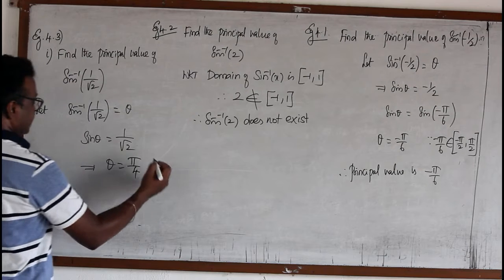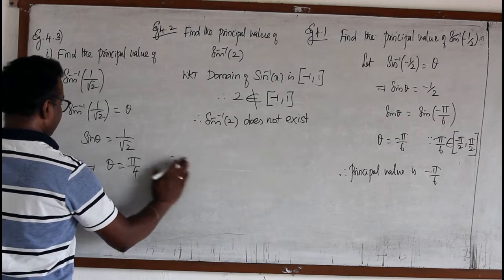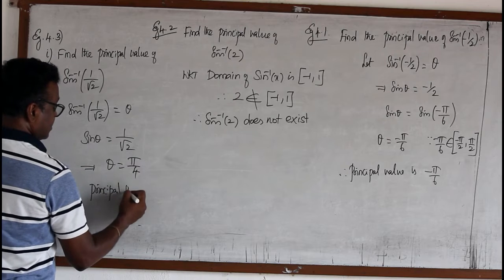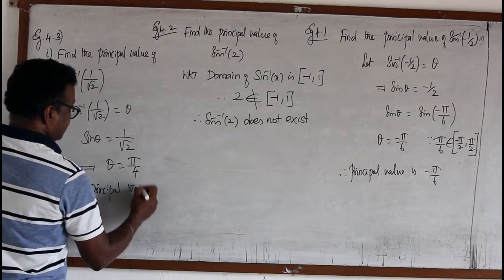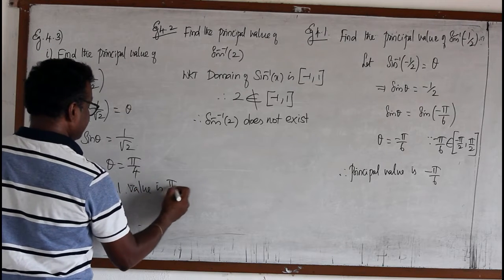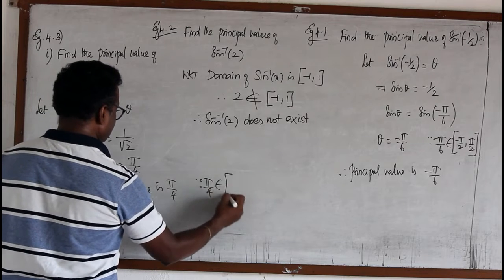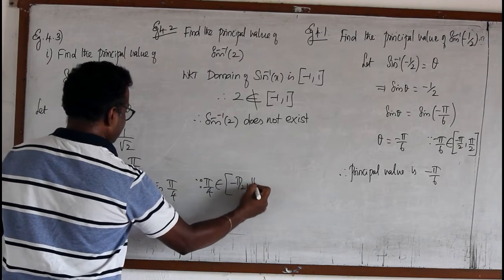Yes, it lies. Therefore, the principal value is pi by 4, since pi by 4 belongs to minus pi by 2 comma plus pi by 2.